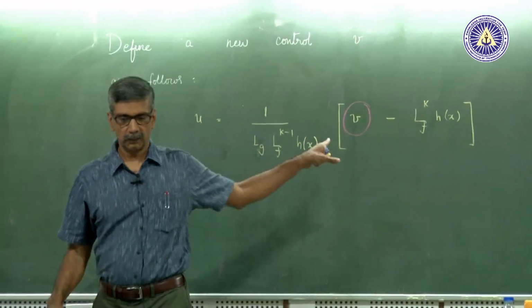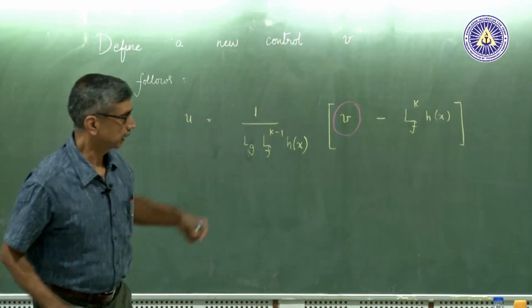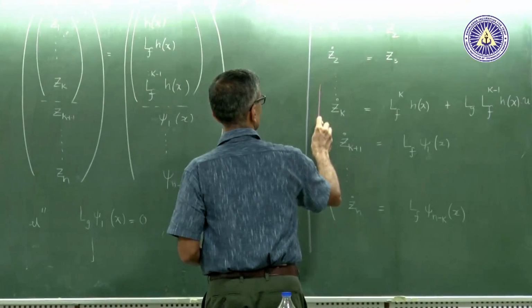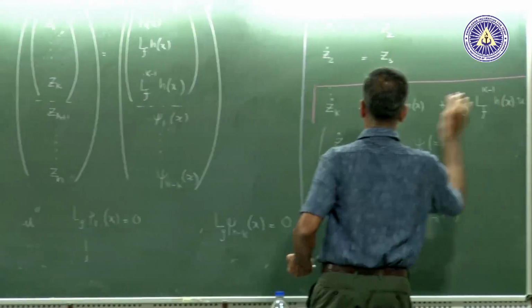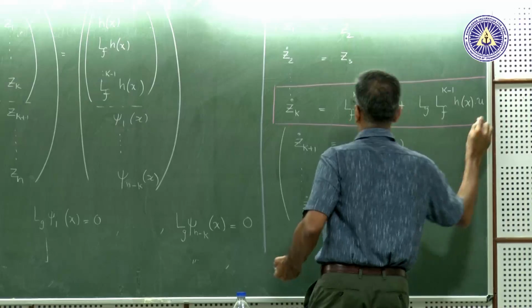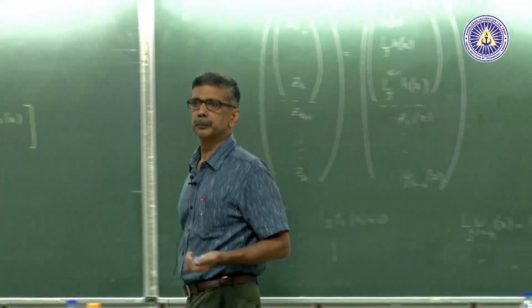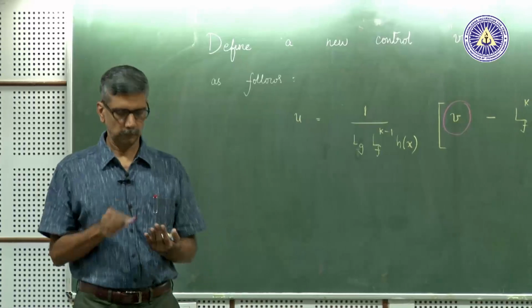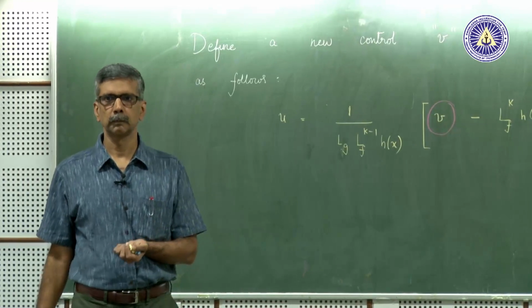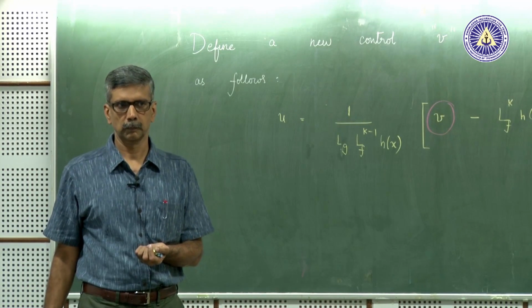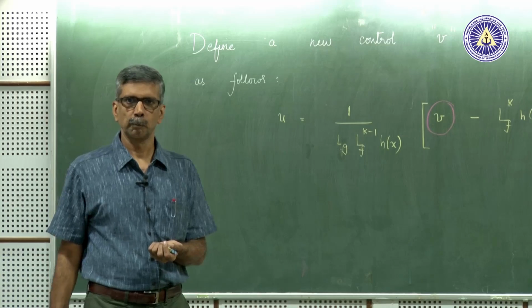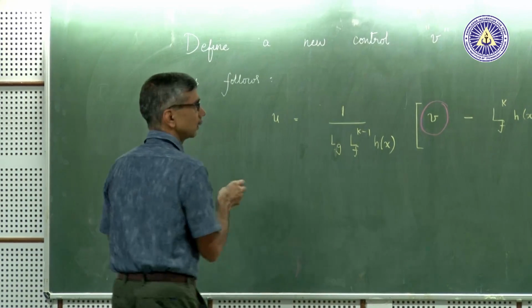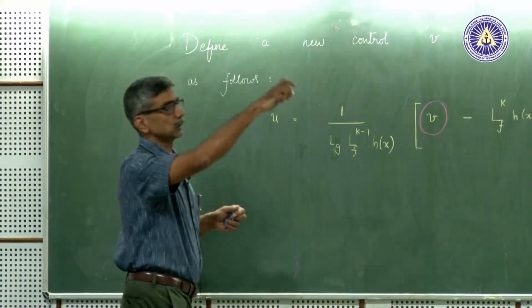So if I put this there in this equation, what happens? Yes, you will just get V. So you will have the first subsystem.